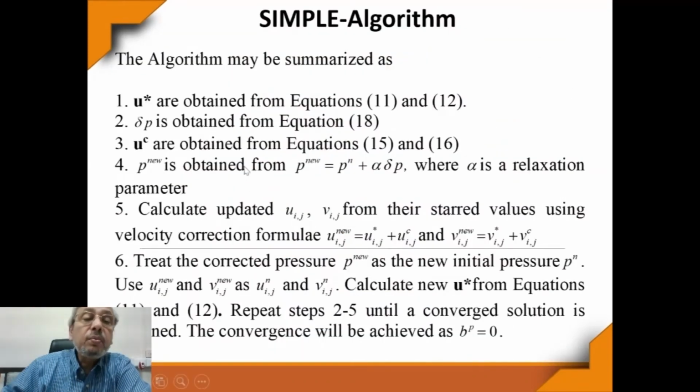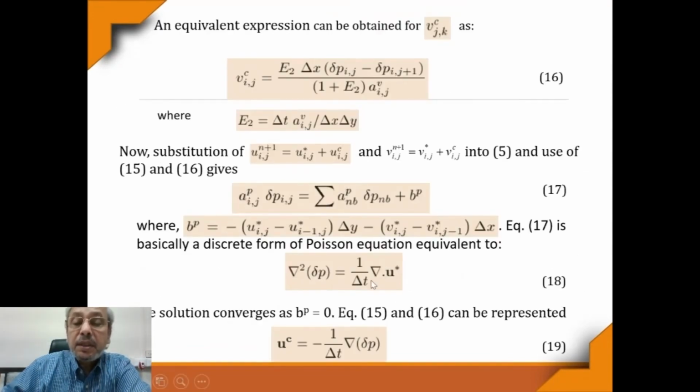Then delta P is obtained from equation 18, using those U stars.